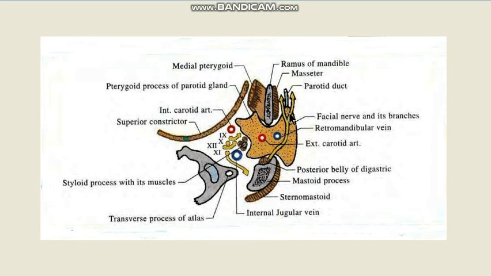So here it is further clarified, the anteromedial surface with the ramus of the mandible, masseter, medial pterygoid, posteromedial surface with indentation of mastoid process, sternocleidomastoid, posterior belly of digastric, styloid, pre-styloid, post-styloid process, pterygoid process and the facial process.